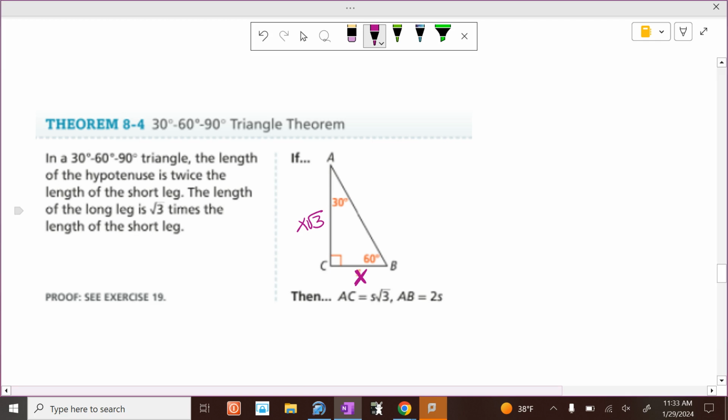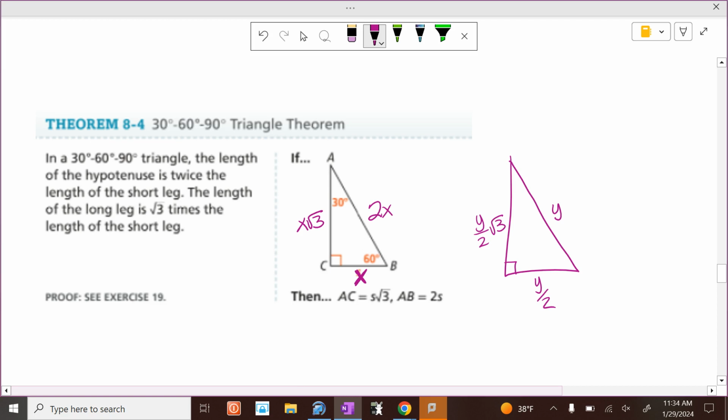And your hypotenuse is 2 times the short side. Now, if you're given the hypotenuse right at the start, you divide by 2 to get to the short leg. Then you multiply the short leg by square root of 3 to get to the long leg. So you always want to find the short leg first, whether you're given this side or this side.